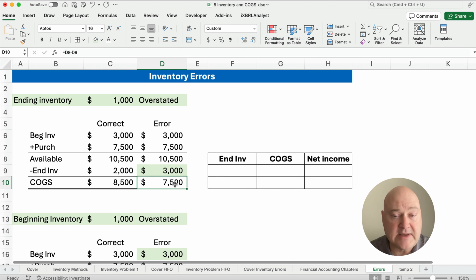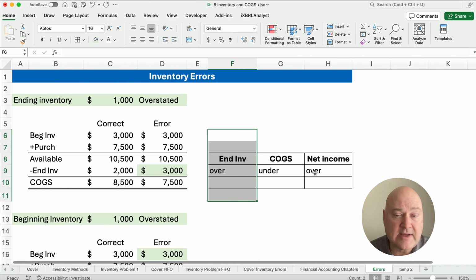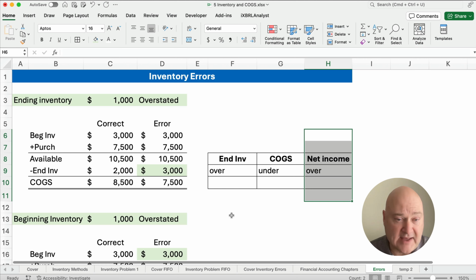Well, it is going to be too low. So let's start making our chart here. If our ending inventory is overstated, our cost of goods sold is going to be understated. Well, if our cost of goods sold is understated, then our net income is going to be overstated. The way I remember this is ending inventory and net income have the same sign.